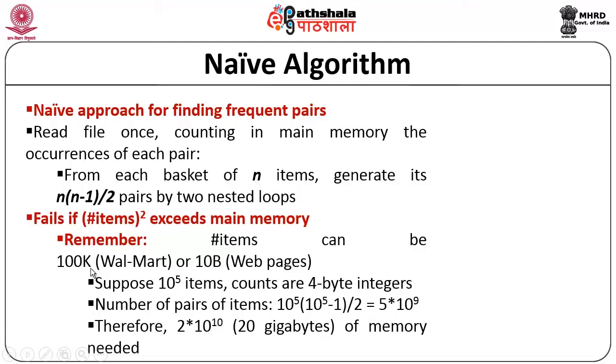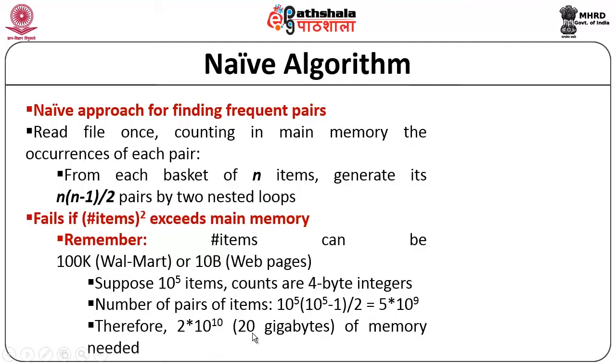Suppose these products or web pages are represented by their count: the item itself will take say 1 byte of memory, and the count, since it is an integer, assume it is going to have 4 bytes. So, put together, for an item to be represented using its ID as well as its frequency, that is the integer value, you require 5 bytes.